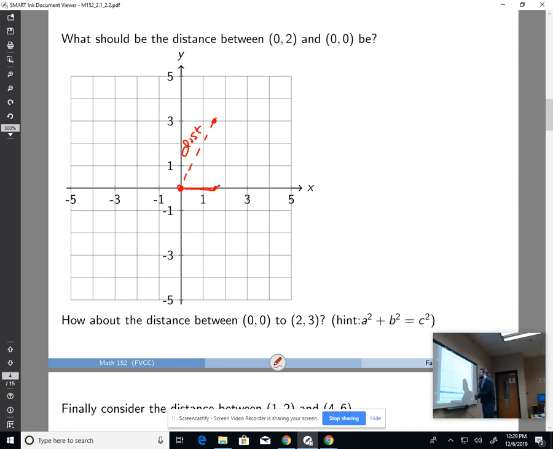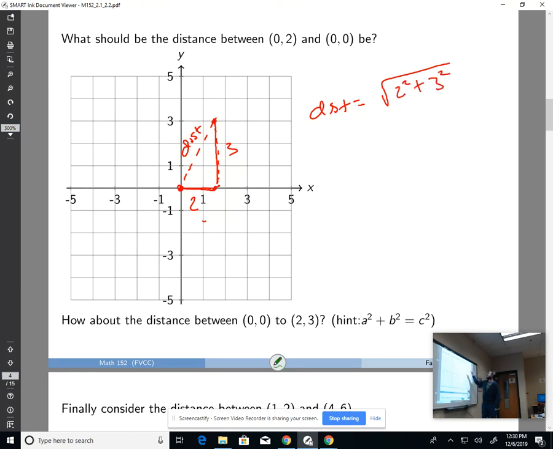And now we have a triangle with base 2 and height 3, and hopefully we recall we use the Pythagorean theorem here. We get that our distance, after taking the square root of both sides, is the square root of 2 squared plus 3 squared.